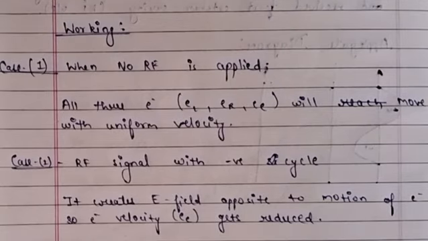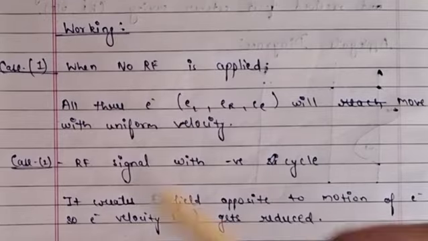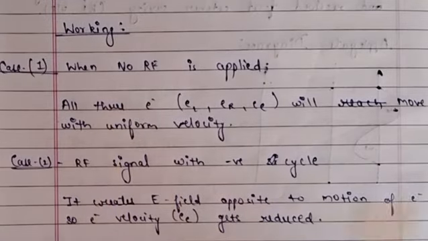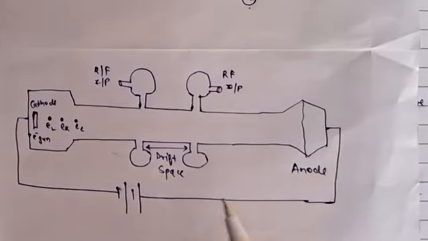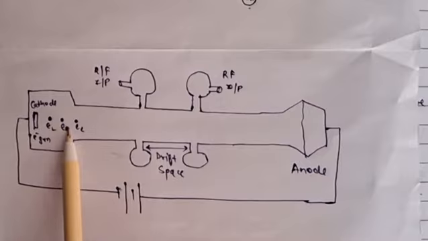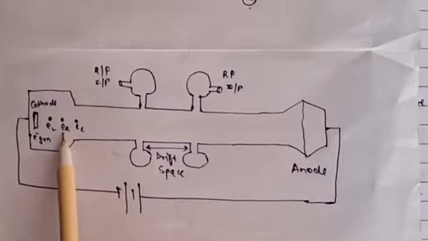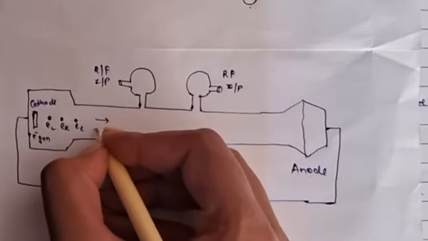Coming to the working of two-cavity Klystron, we will discuss the working in three cases. Case one is when no RF is applied. When no RF signal is applied, then all three categories of electron, that are early electron, reference electron and late electron, will move with uniform velocity.